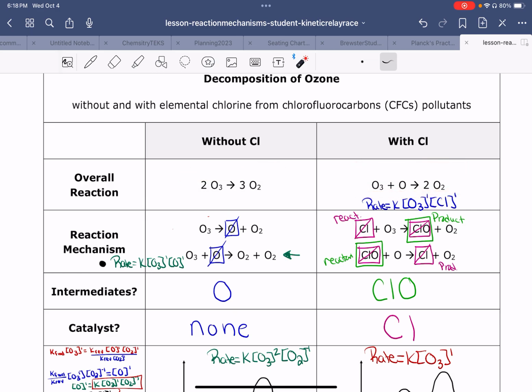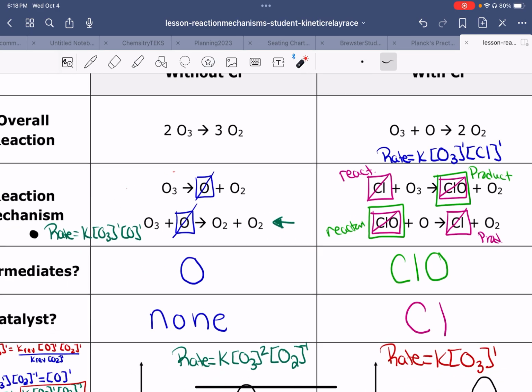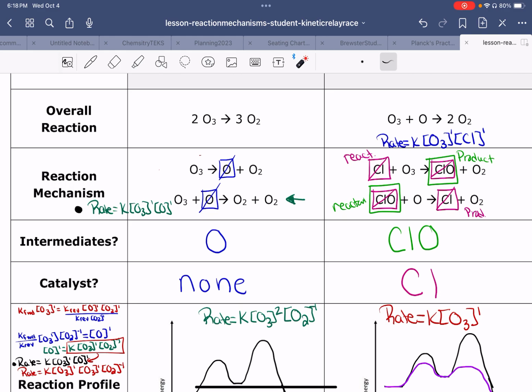Not exactly the same. I went through and crossed off: I have oxygen on this side, oxygen on that side. Since it's a product here and a reactant here, that's the intermediate.